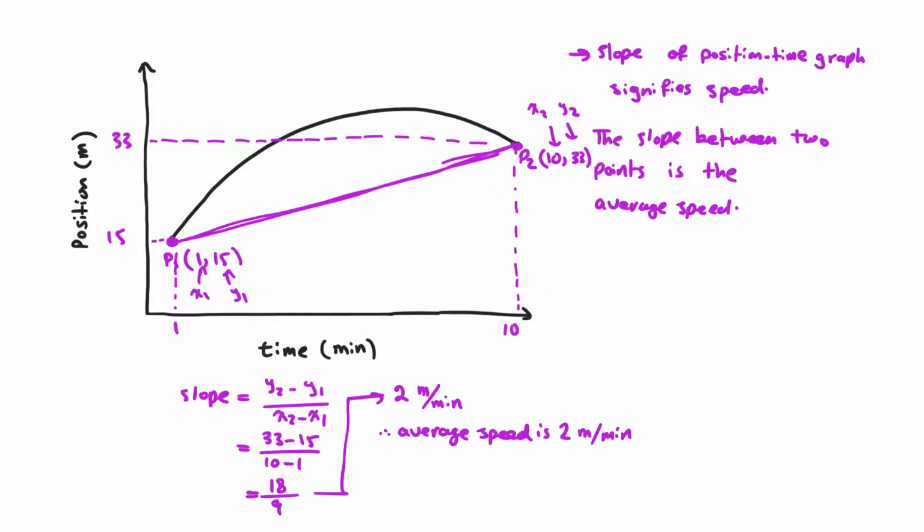Note that the word average is very important in this case because this is just our average speed. If we look, we can see that from here to here, I'm not actually traveling at a constant speed. From here to here, I'm traveling a lot of distance every minute. So I'm going really fast around this point. And then I'm slowing down.